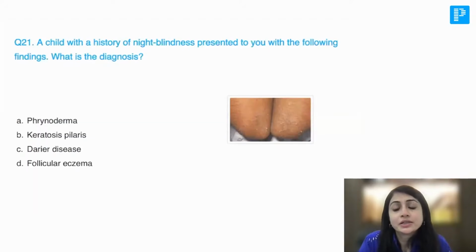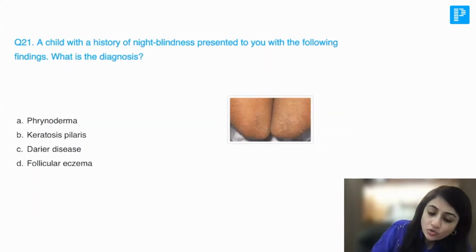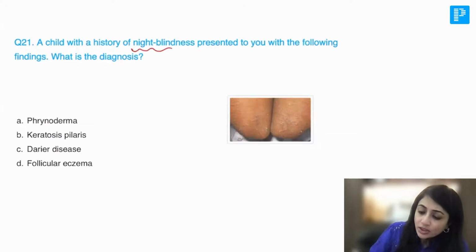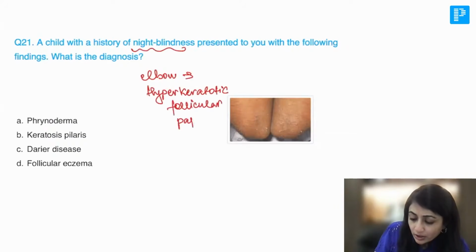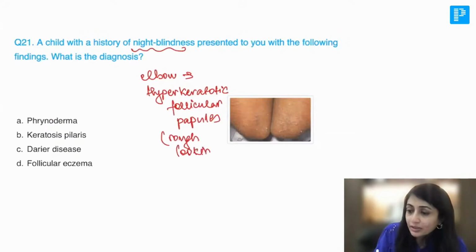A child with a history of night blindness presented to you with the following findings. What is the diagnosis here? So you have night blindness and you've been presented with elbows showing hyperkeratotic follicular papules. So hyperkeratotic, rough-looking papules present on the extensors with night blindness.